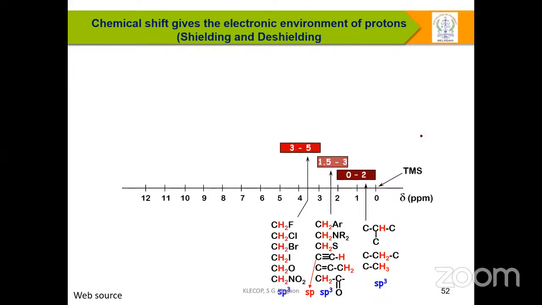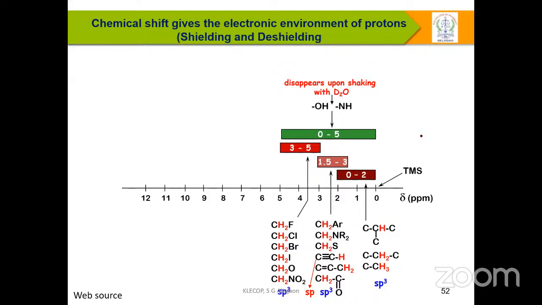Next, come to sp3 carbons attached with halogens like fluorine, chlorine, bromine, iodine, and other heteroatoms like oxygen and nitrogen; we are going to observe these somewhere between delta 3 to 5 ppm. Afterwards, NH and OH we are going to observe between 0 to 5 ppm.